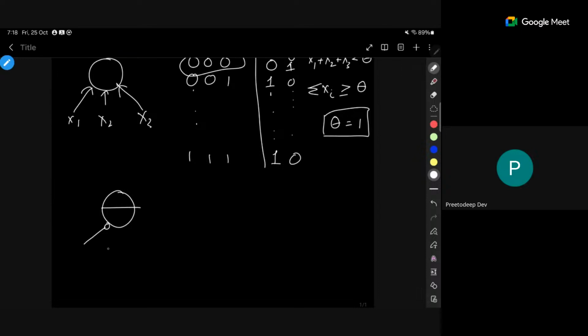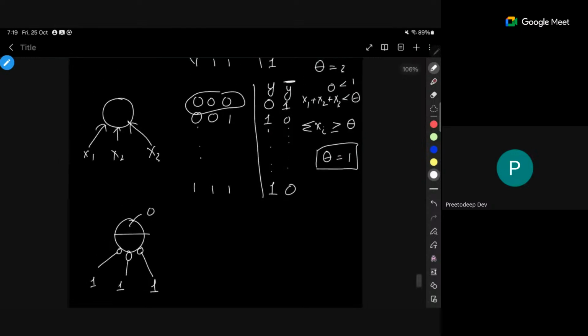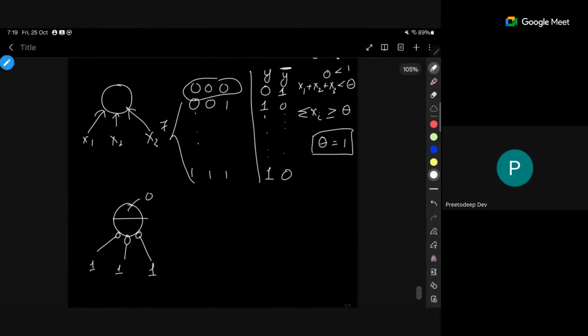I can put all of them as inhibitory inputs. Then if any of them gets excited, I'll get 0. You can see there are 7 cases where at least 1 is excited, and I'll get zeros. So only 1 case is left where all 3 of them are 0.